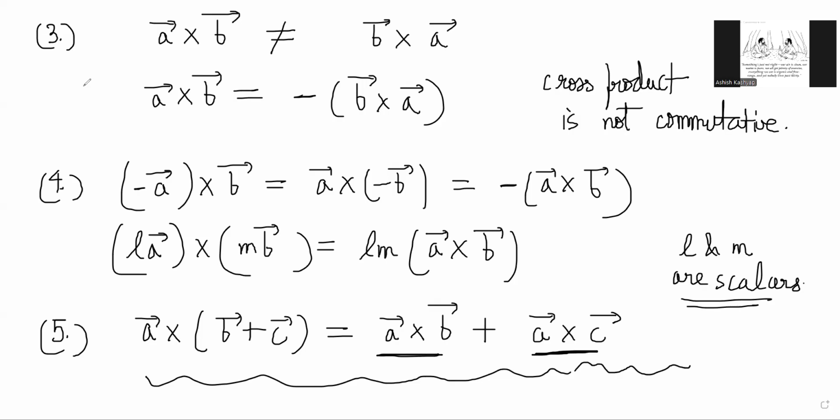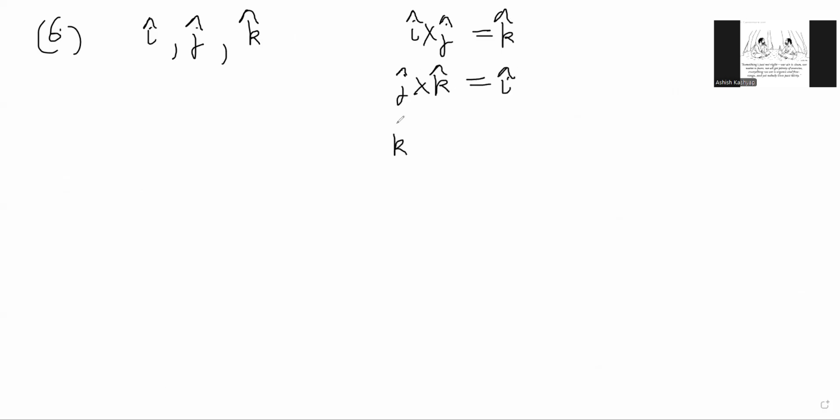Okay. Then the next thing is, if you have components I, J, and K, you should know how to do the vector product across these. So you should know I cross J is K, J cross K is I, and K cross I is J. And the cross product for the same type of vectors will be 0.